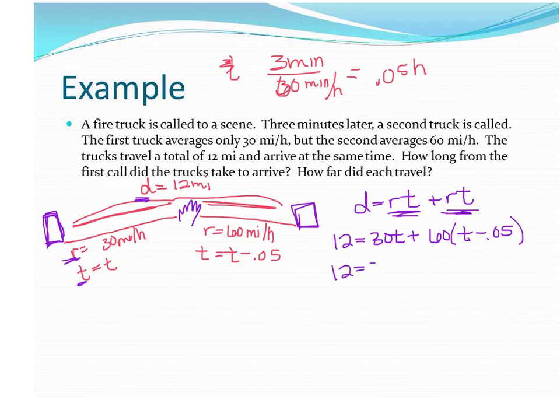So 12 equals 30t plus 60t minus 3. Add 3 over, we're going to get 15 equals 90t. Divide by 90.